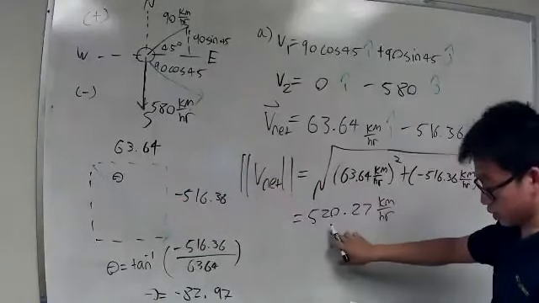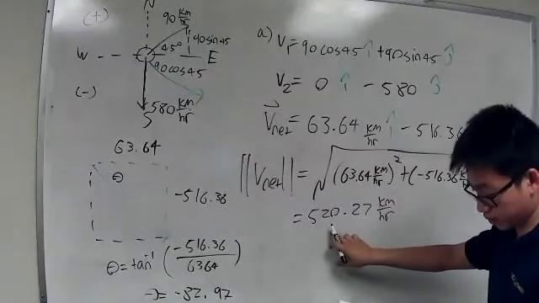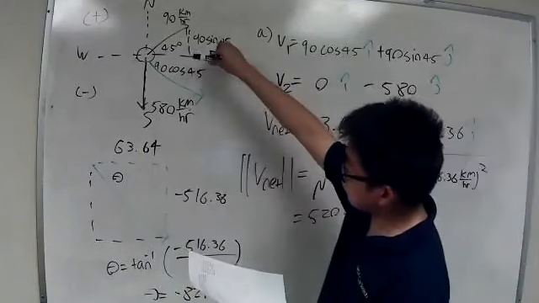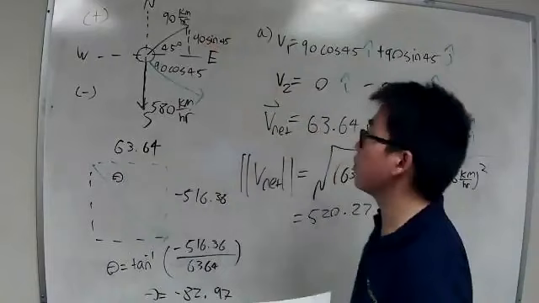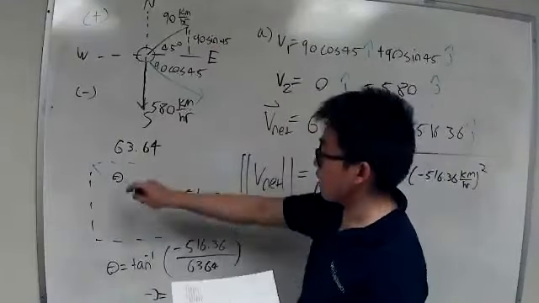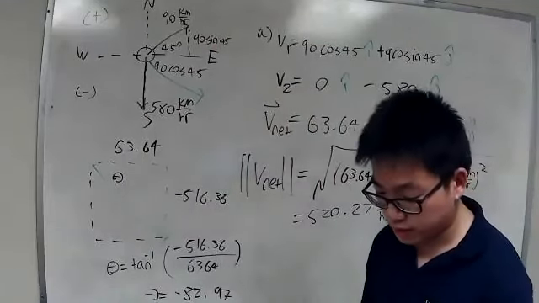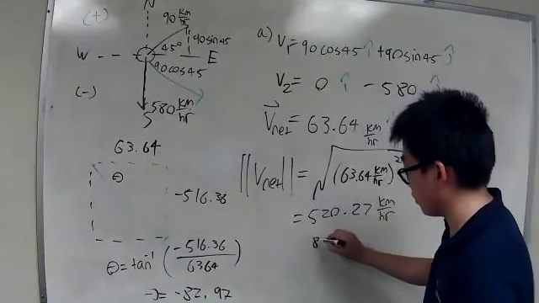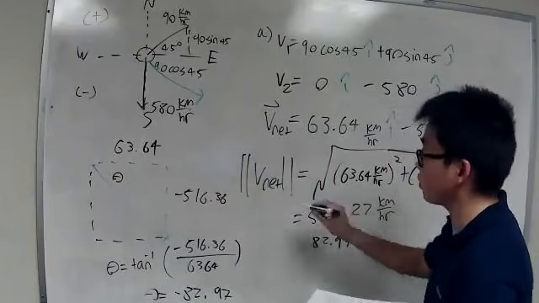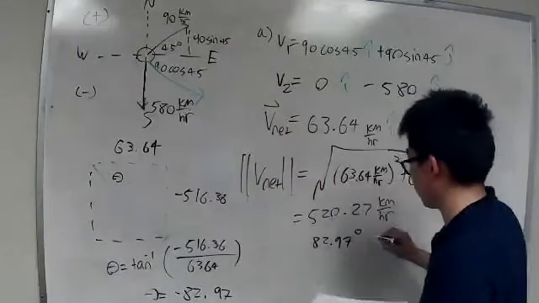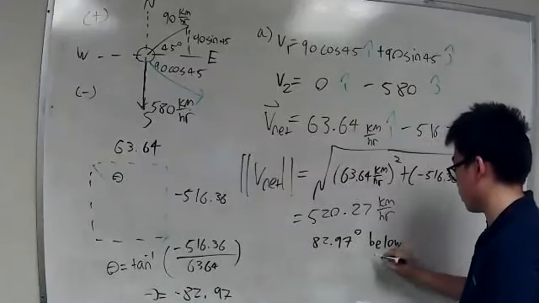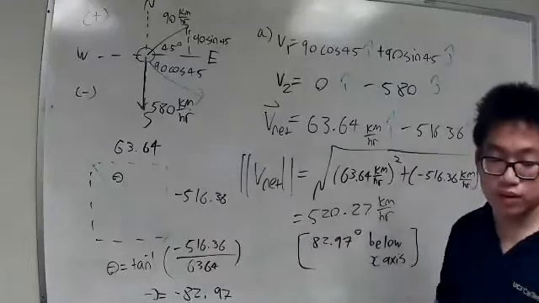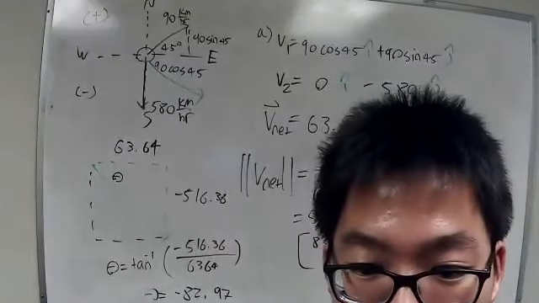Let me just say it's this, 82 degrees. I don't know why I got tripped up. That angle is just 82 degrees. That's just the answer to the question. We have the magnitude, and then you can say 82.97 degrees below the x-axis.